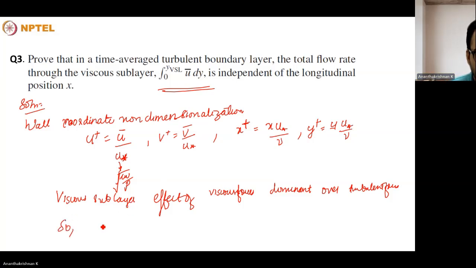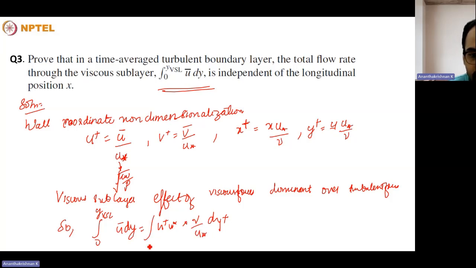So the integral of 0 to y VSL of u bar dy is equal to, so u bar can be written as u plus into u star, and dy can be written as dy plus into nu divided by u star. So this y VSL limit changes to y VSL plus, analogous to y plus.